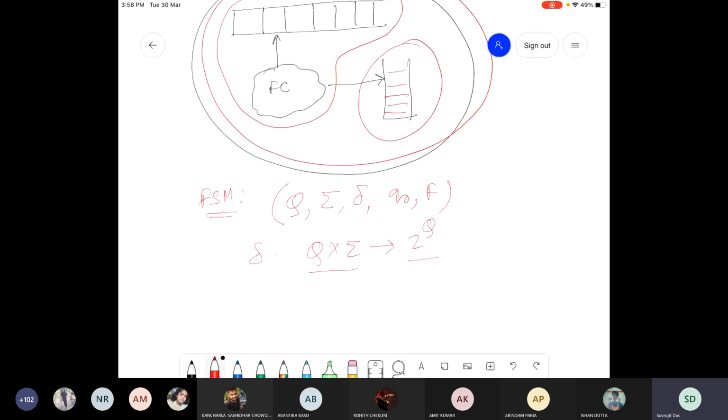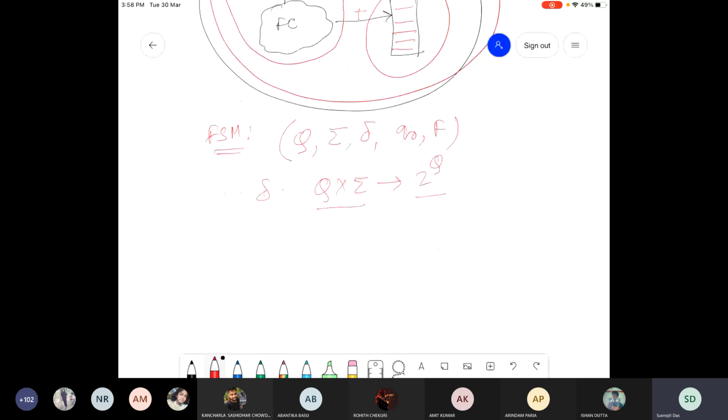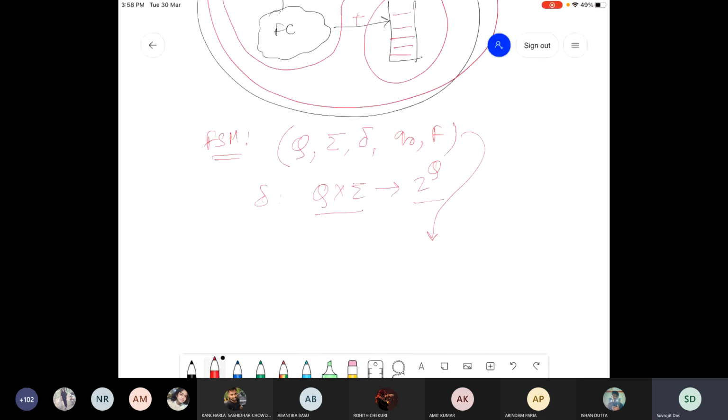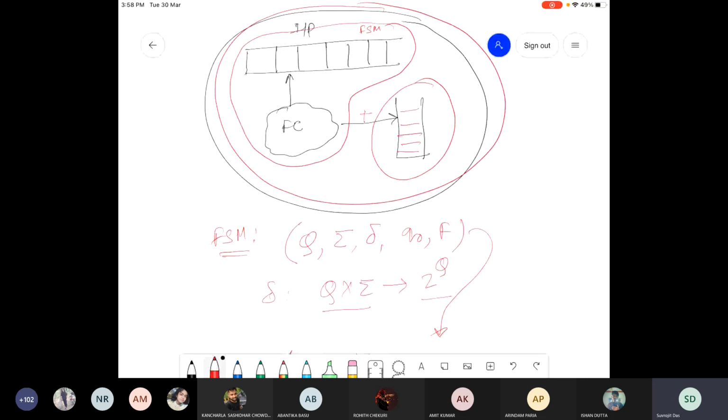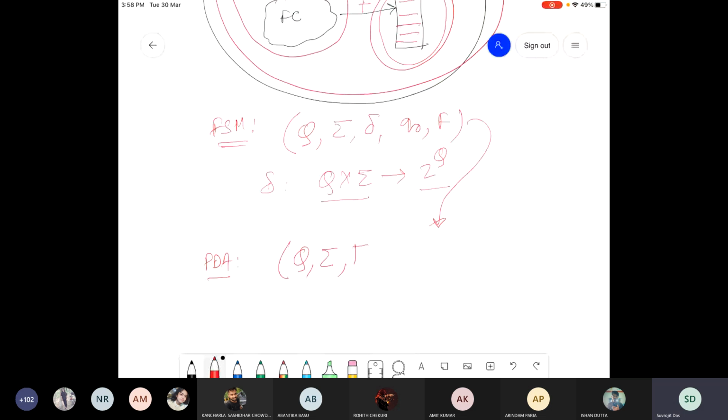So if I want to add the stack element here, very simply, I will define the PDA based on the definition of FSM as a 6-tuple. I will define a separate stack alphabet that includes the alphabet sigma, and you are done, right?